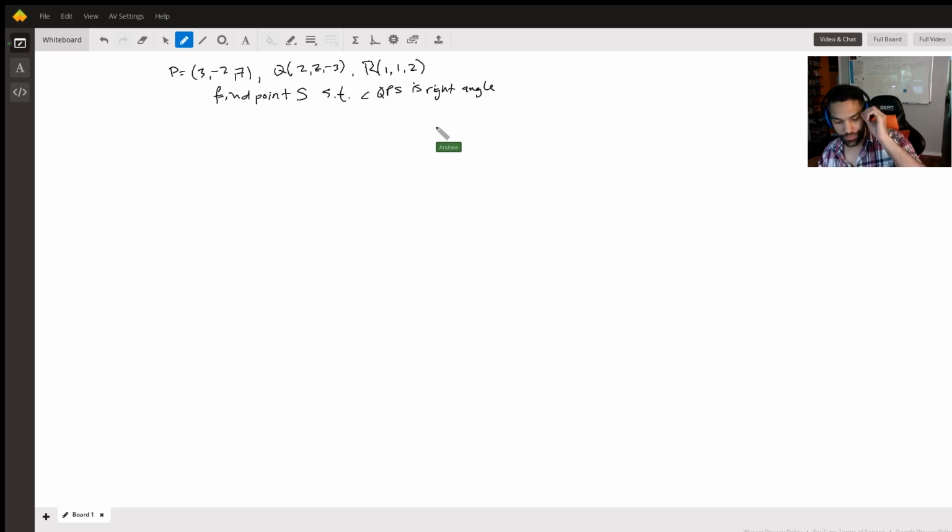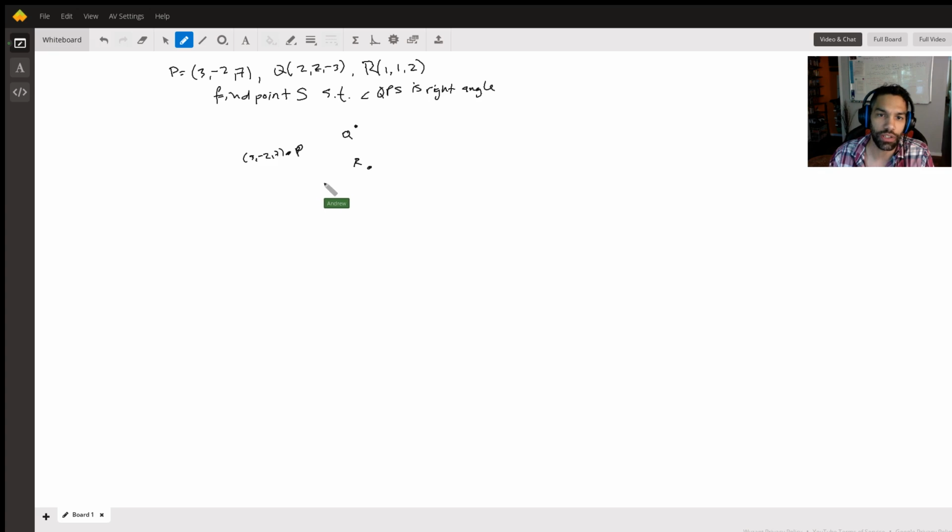All right, so the first thing that we need to do in this case is figure out what is necessary in order to create some of these criteria. So first things first, I'm just going to draw, not to scale by any stretch of the imagination, 3 points here. Let's call that P, let's call that Q, let's call that R. And this is the point 3, -2, 7, that's the point there.